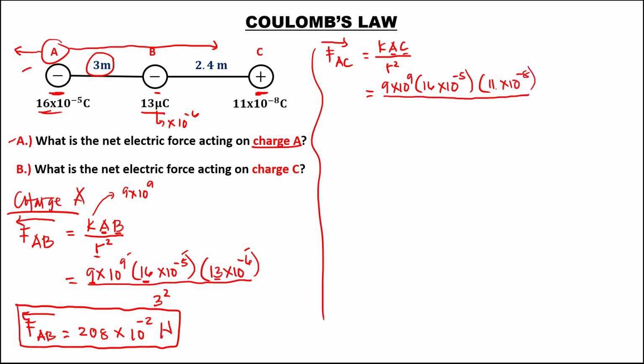For the distance between A and C, observe that the distance is 3 plus 2.4. So the distance is 5.4, then to the power 2. Now to find the force between A and C, the force is to the right.